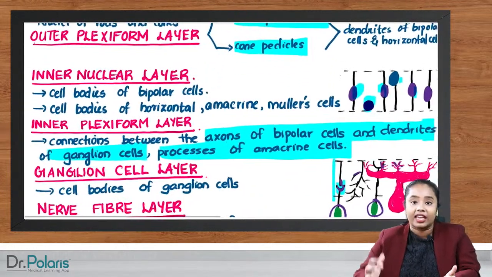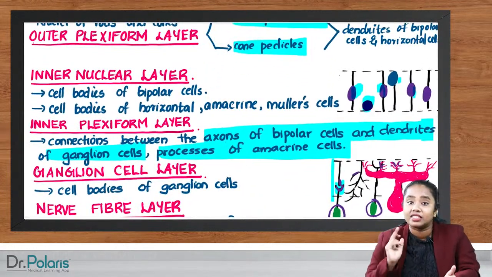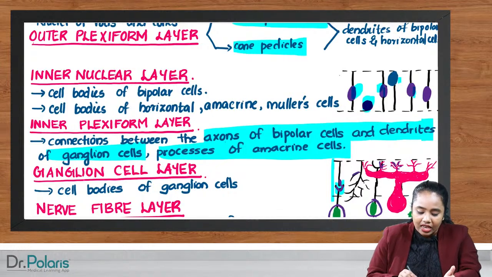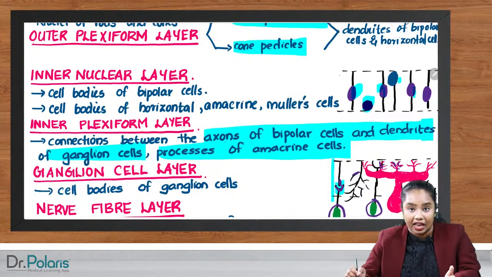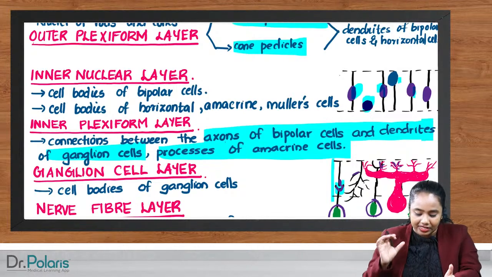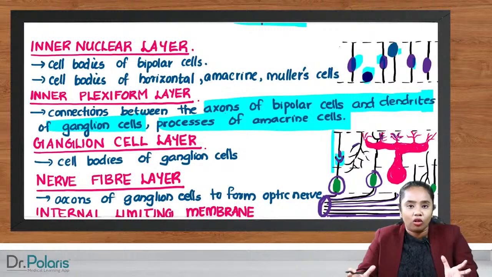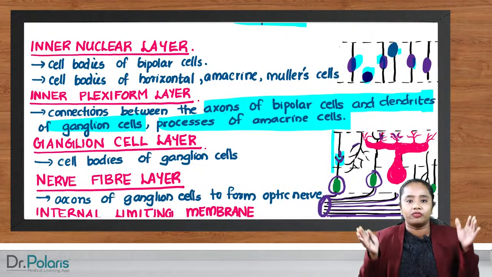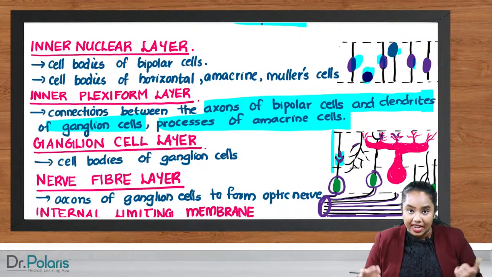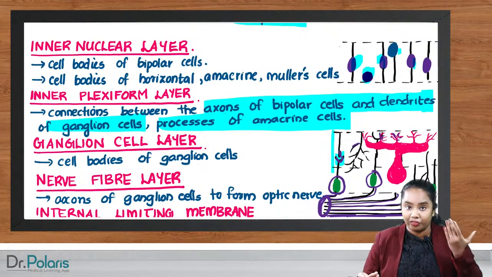Now, after all this we again need the cell body, but here the cell body has a different name, the ganglion cell layer. It is very important, here there are multiple ganglions. Of course, from all the ganglions the nerve fibers are going to arise. All the nerve fibers together will form the next layer, the 9th layer, which is the nerve fiber layer.